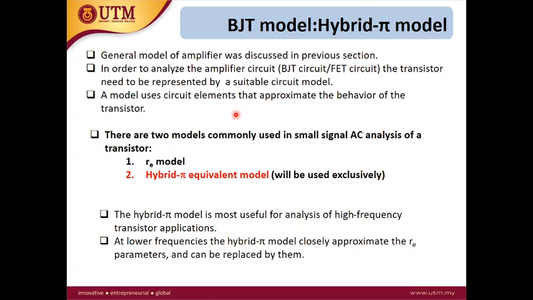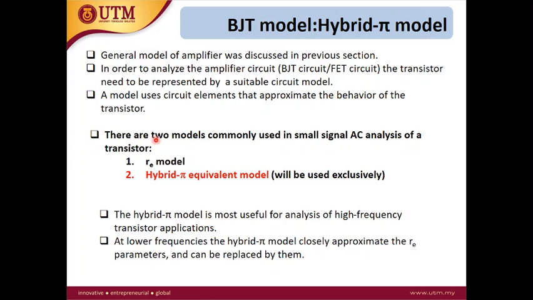The device model in general is a circuit element that approximates the behavior of a certain device, or that can imitate the operation of the certain device. Here we use the device model of the BJT specifically for the operation of AC signal.